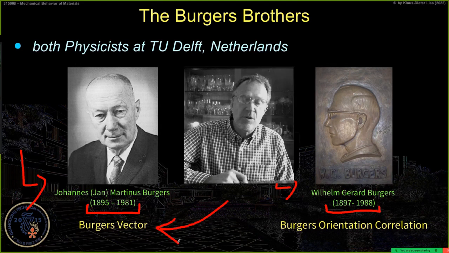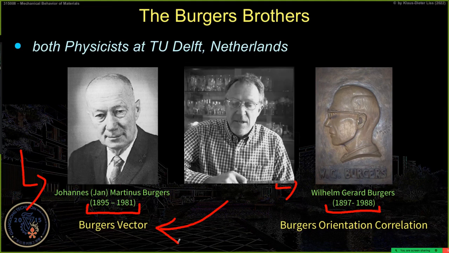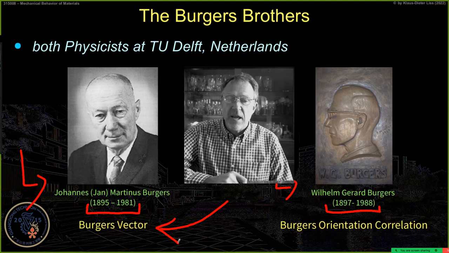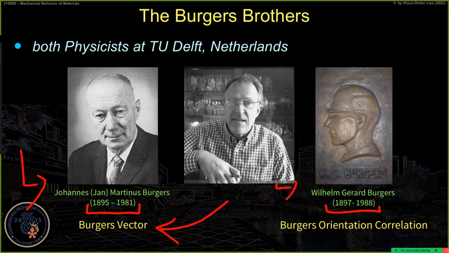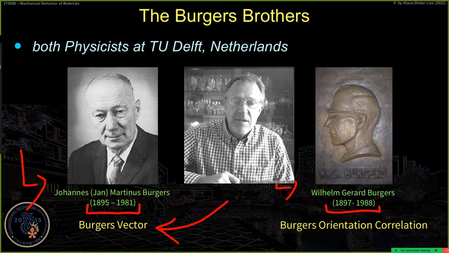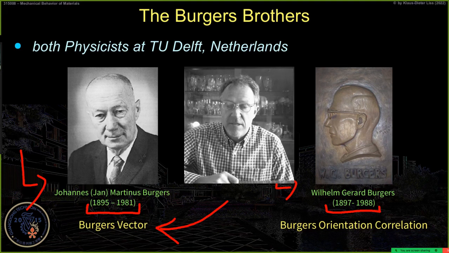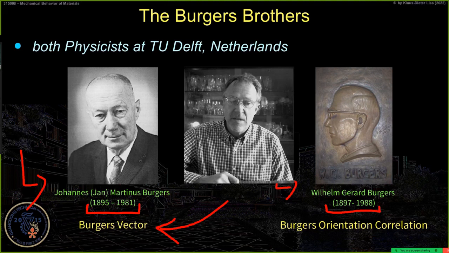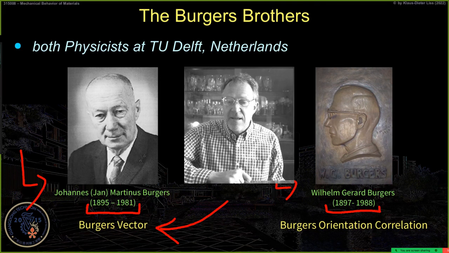I just introduced it. And probably many of you know the Burgers orientation correlation, which is between the HCP and the BCC lattice when they perform a phase transformation, a displacive phase transformation. Then you get the Burgers orientation correlation. This is not part of the course, but we can talk more about it offline if you're interested.